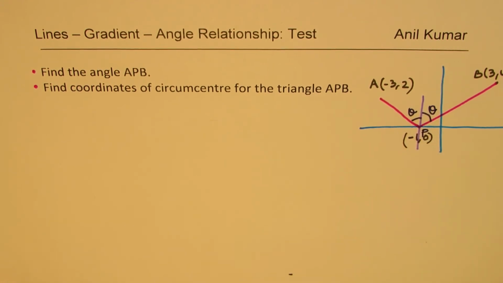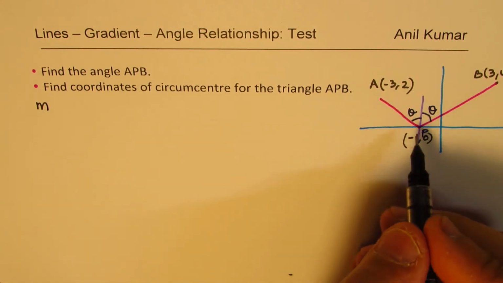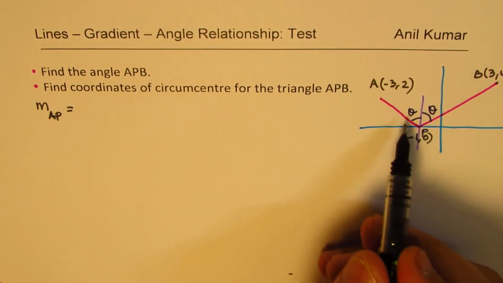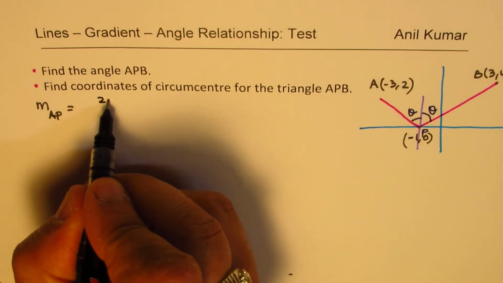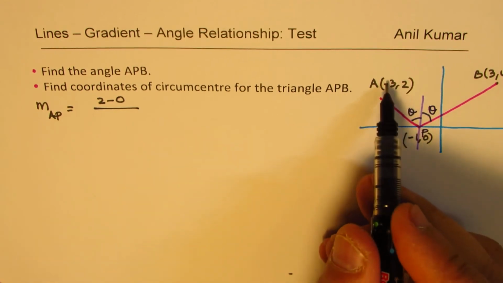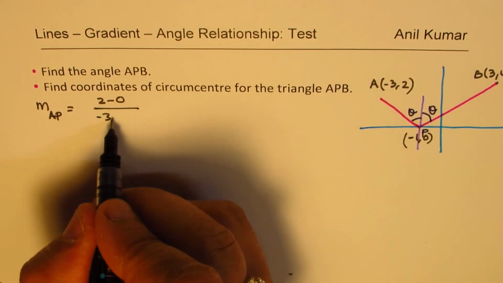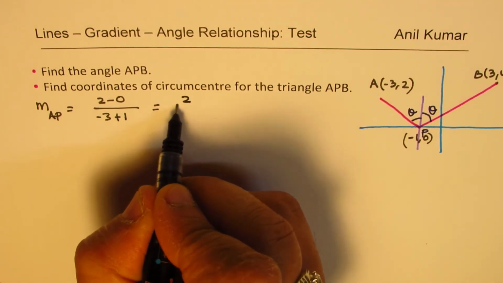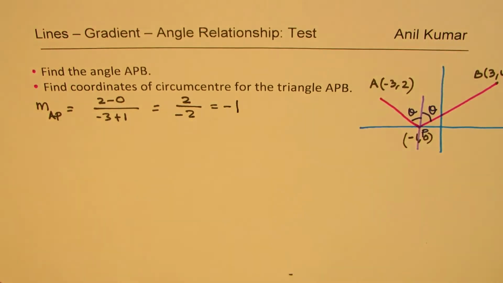So the slope M of A to P is equal to, now we know this point, right? We can write the values: 2 minus 0, difference of y values, divided by minus 3 minus of minus 1, right? So that gives you 2 over minus 2, which is minus 1, correct?